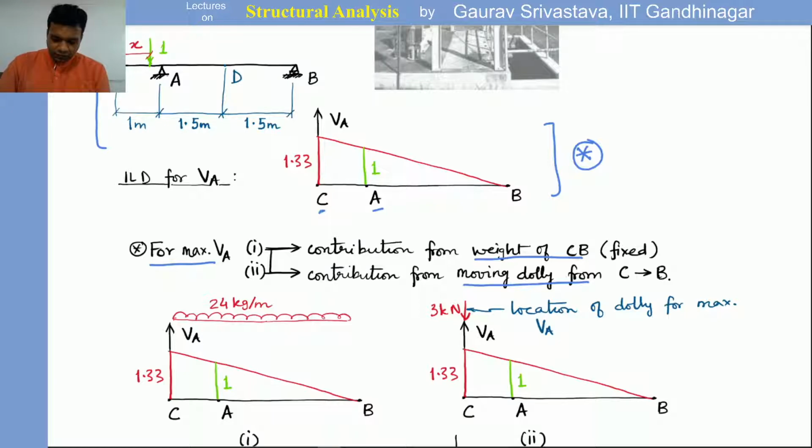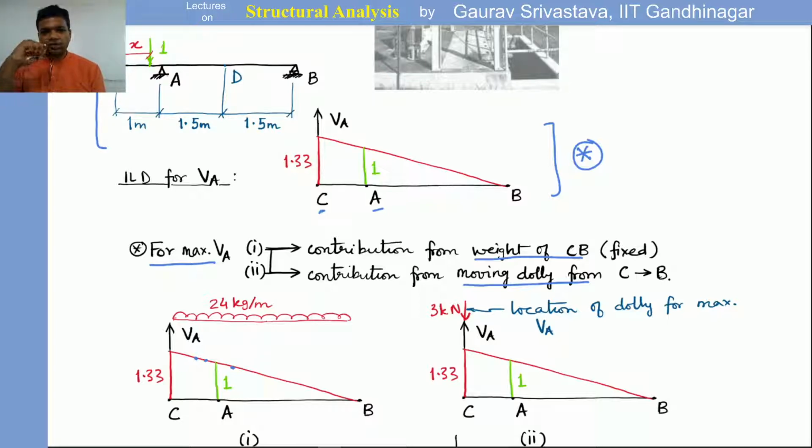Now, another interesting thing about this ILD is that it also works for uniformly distributed loads. For example, in this case, there is a 24 kilogram per meter load which is acting throughout. If we consider an individual ordinate of the ILD, that gives the value of the vertical reaction at A when the unit load is acting there.